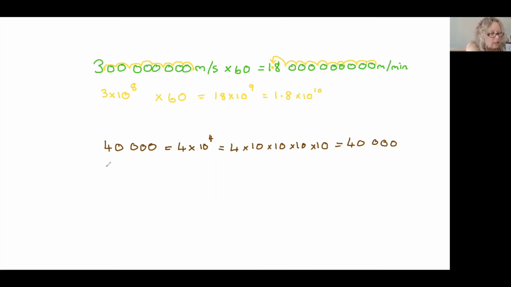What about this number? 5,826 in scientific notation.